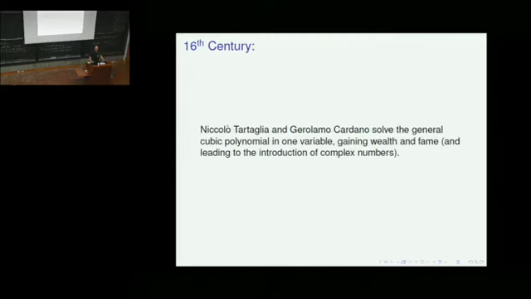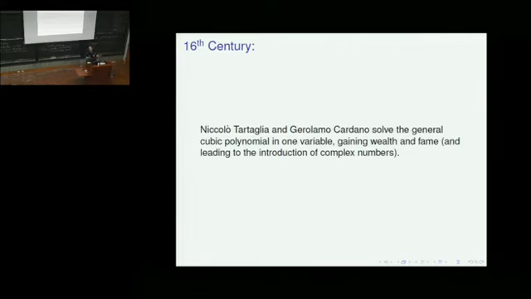And if you engaged in a disputation with someone else, you would make up a series of problems that you know how to solve and present those problems to the other person, and they would do likewise. And whoever solved more of the other person's problems would be declared the winner of the disputation.